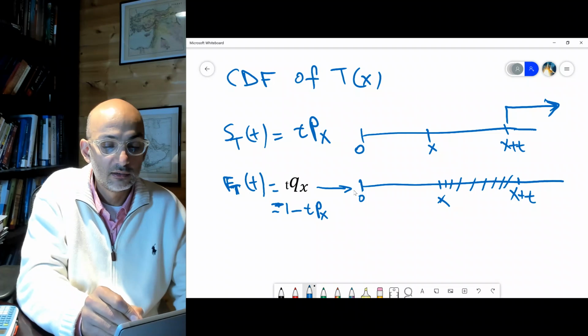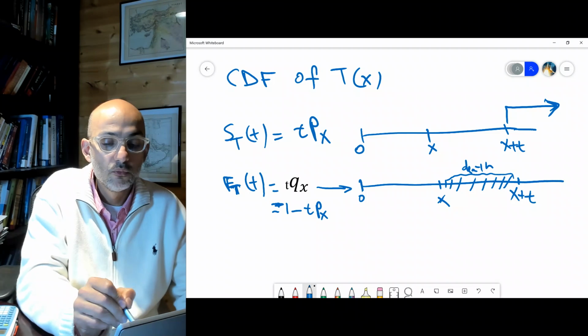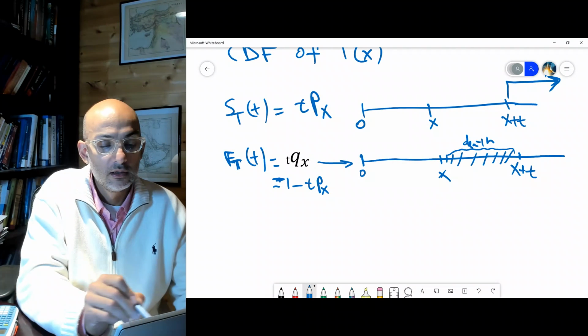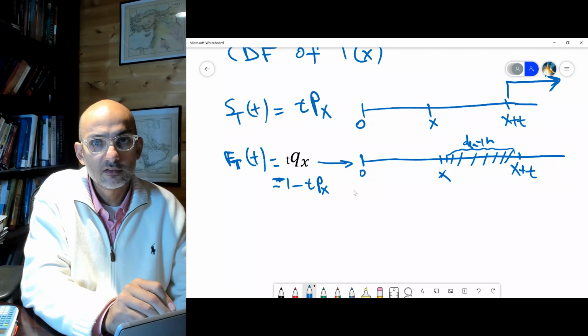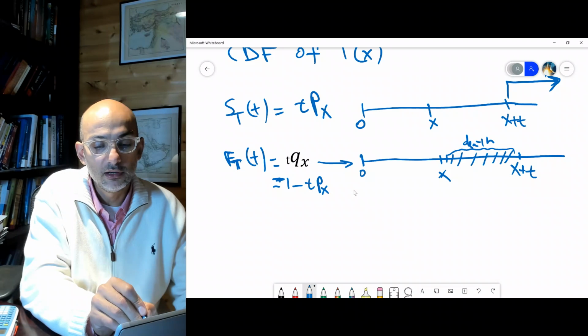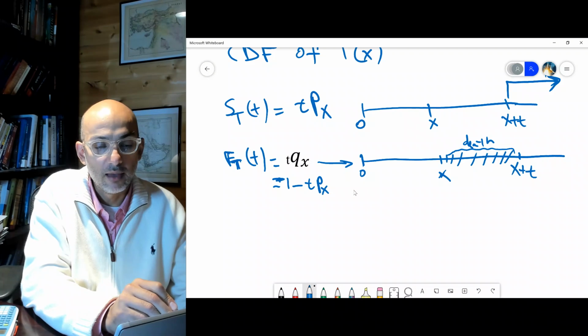I shaded it, so this is where death happens, somewhere here, right? So TQX, the way we read it, Q, we know Q, it represents mortality. X is the age that they already reached, they survived to, and T is when death happens.